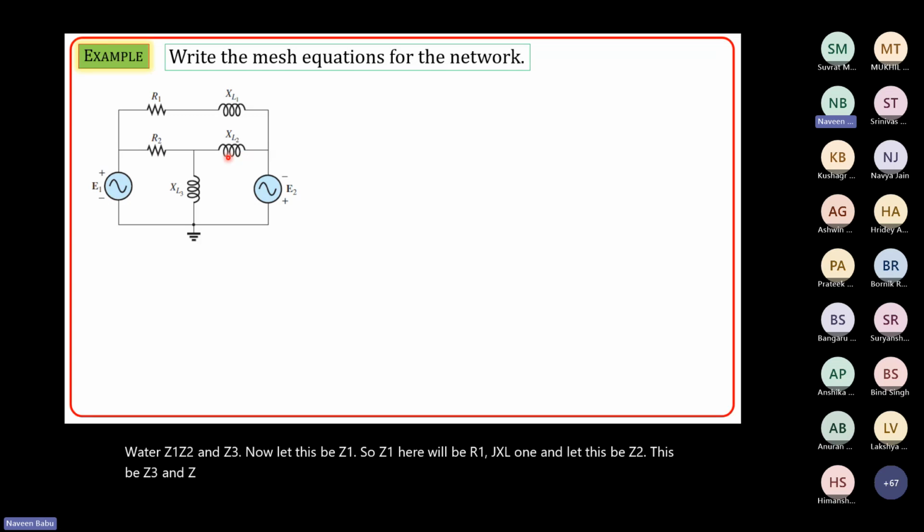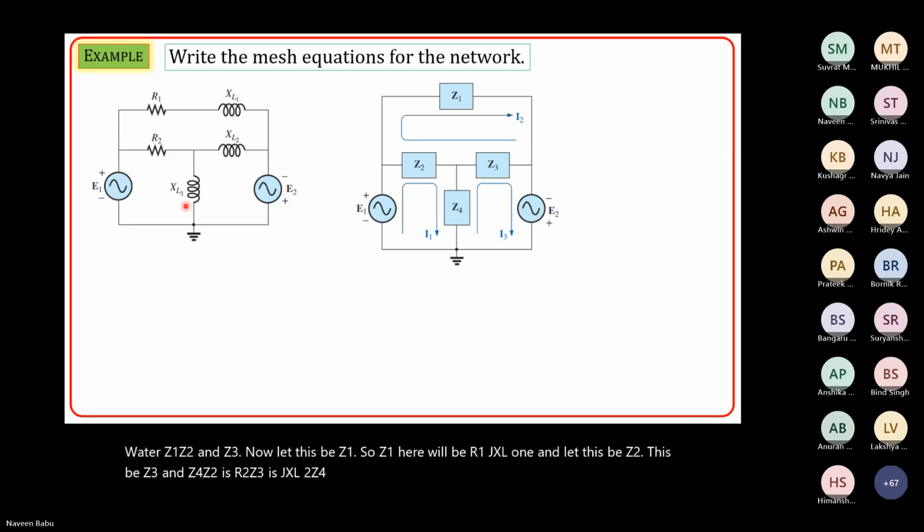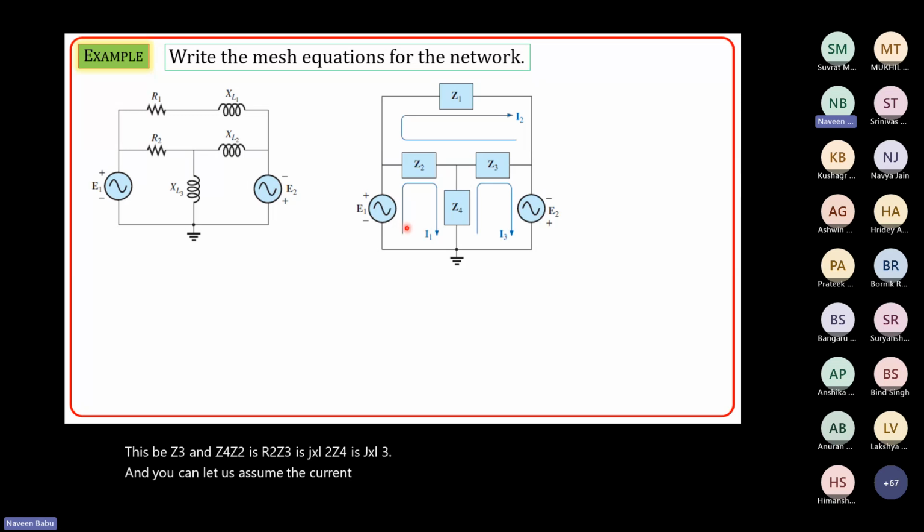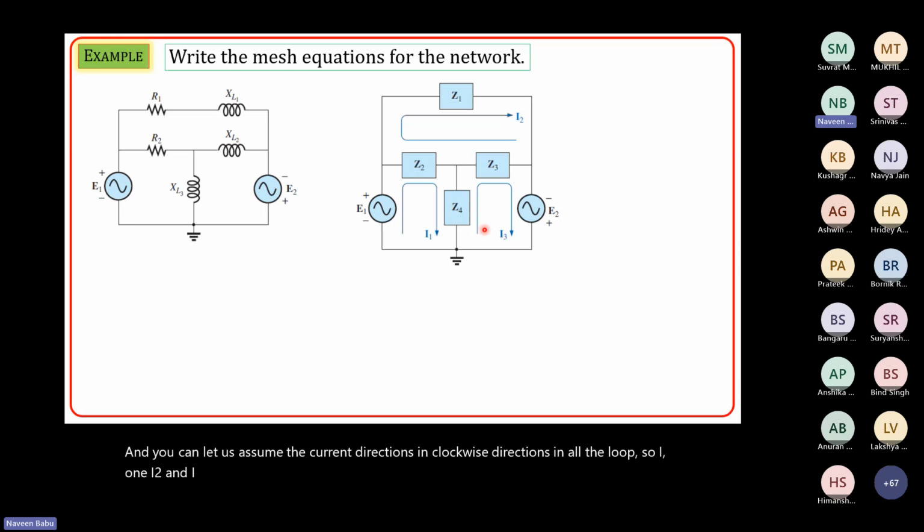Z2 is R2, Z3 is jXL2, Z4 is jXL3. Let us assume the current directions are clockwise in all the loops: I1, I2 and I3. These are the current directions that we have assumed.